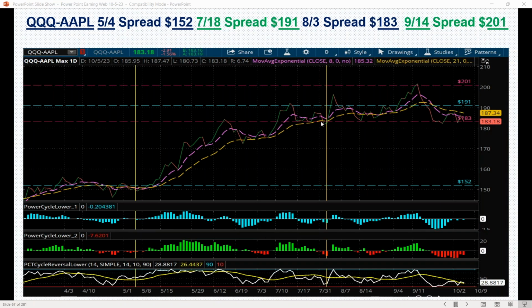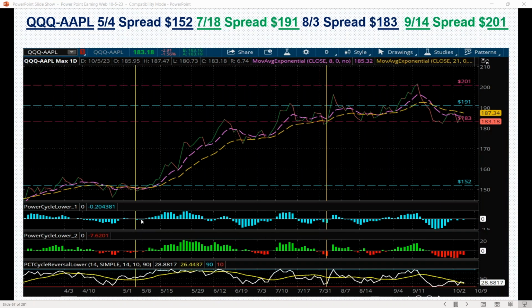So that spread moved from 183 up to 201, and even where it came back, whether the markets were going up or down, you weren't even at your break even. From 183 to 201, that was up $18 per share, or per 100, $1,800. That's the beauty of the pairs.